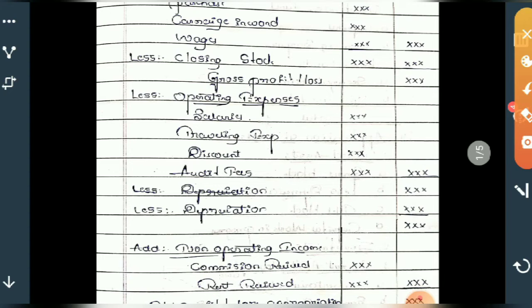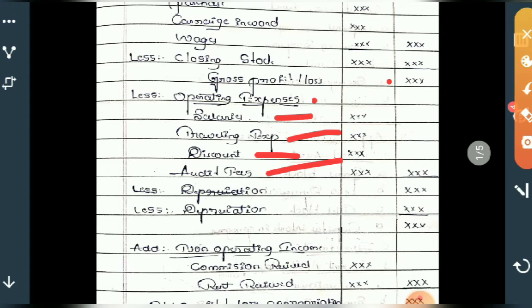In the P&L account, first you have to deduct from this gross profit the indirect expenses. These indirect expenses are also called office expenses. You can also call them operating expenses. Salaries will be there. These are some more examples written here.